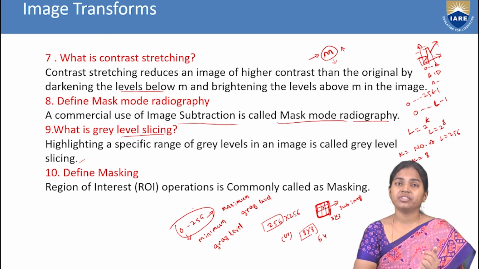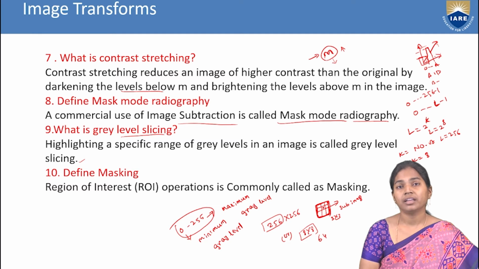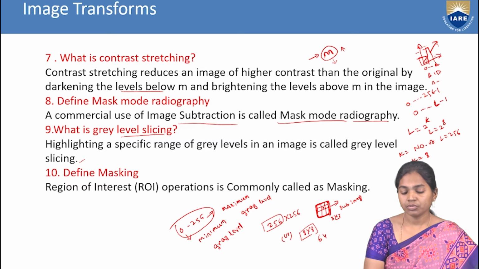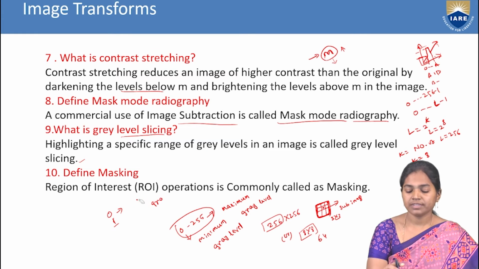In our image representation, we have different types of representations: gray level representation and binary representation. Binary means we are going to represent either 0 or 1. 0 is the minimum gray level.